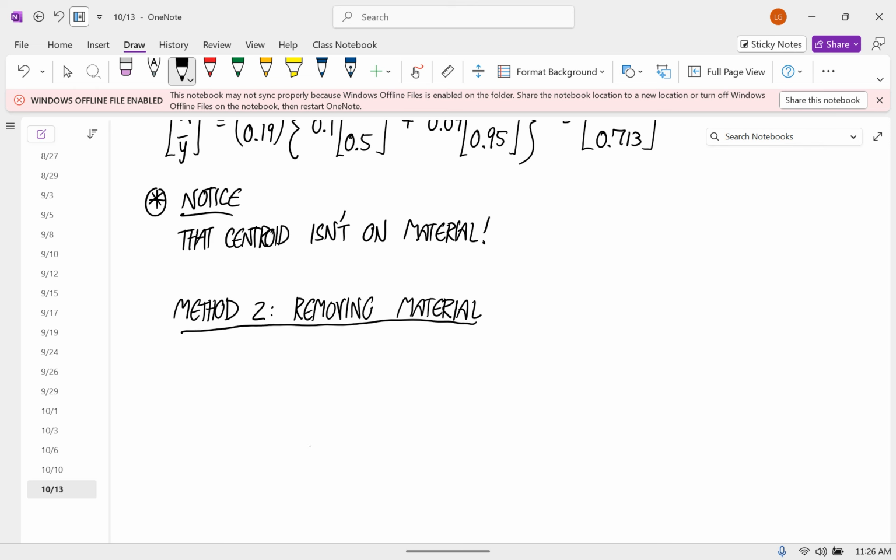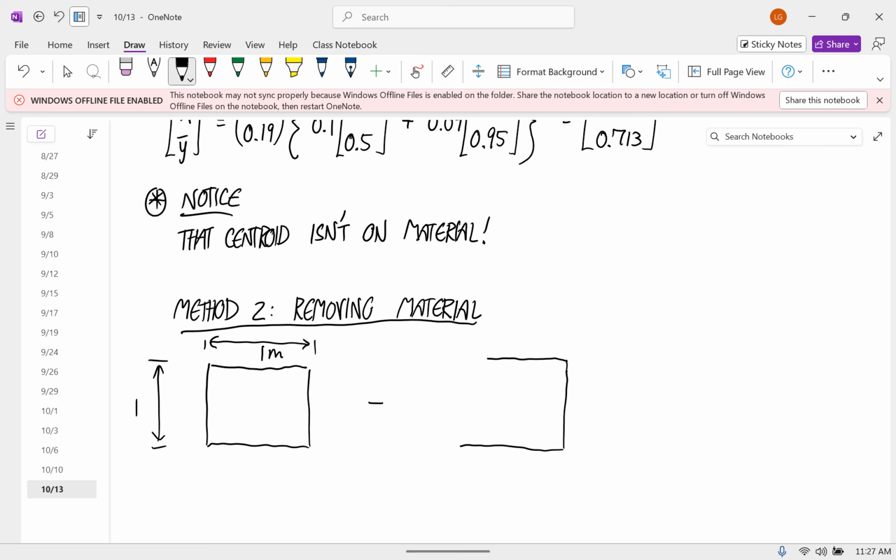So this time I'm going to start with a big outer rectangle like this, and then I'm going to remove this smaller rectangle.